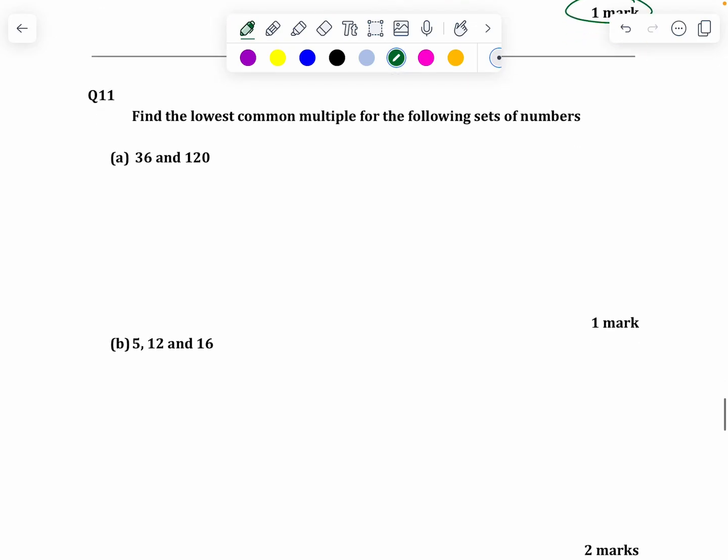Okay, lowest common multiple for these numbers. Again, you could go right down the 36 times table and the 120 times table and see where they match up. Or you could do your trees. I always prefer trees, so I'm going to do mine, circling my prime numbers.